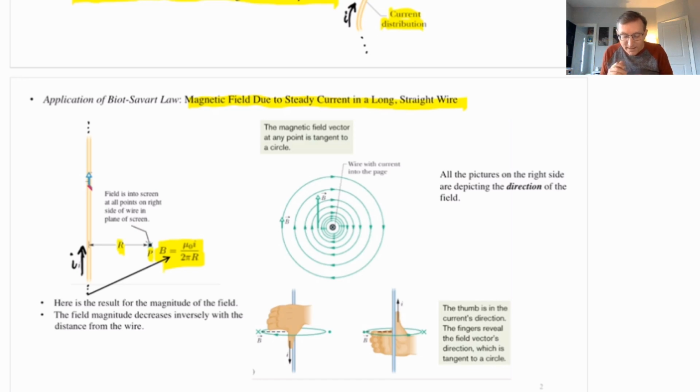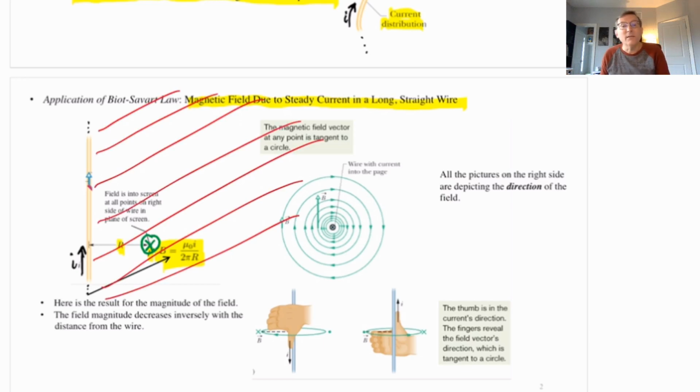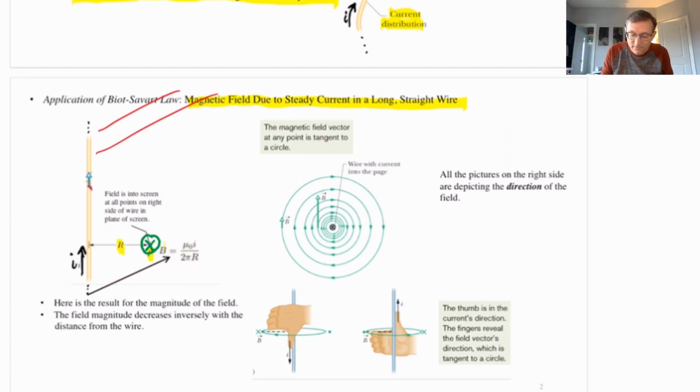Okay? And the direction of the field at point P is into the plane of the screen. So I'll draw it like that. Okay? And in fact, it turns out that at any point to the right of this very long wire in the plane of the screen, and it goes on and on and on, the magnetic field is directed perpendicularly into the screen. At any point to the right of the wire, the field is perpendicularly into the screen.